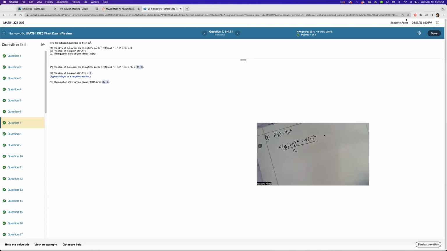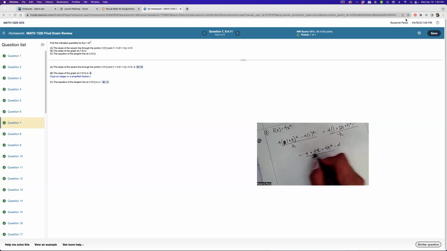And that's going to give us 4 times 1 plus 2h plus h squared minus 4 over h. We're just going to keep distributing. So 4 plus 8h plus 4h squared minus 4 over h.